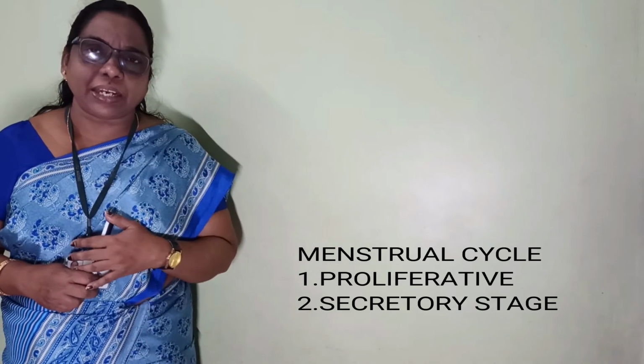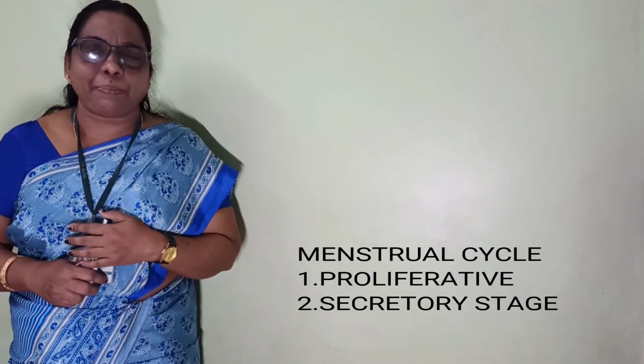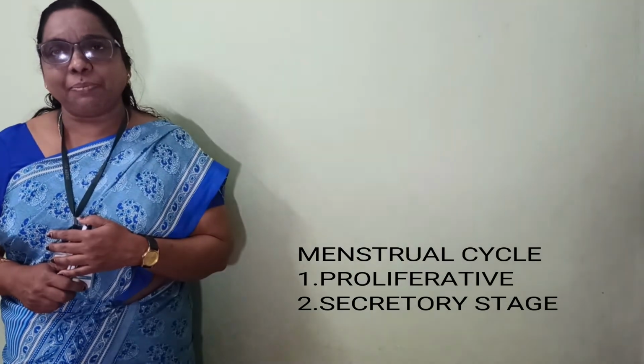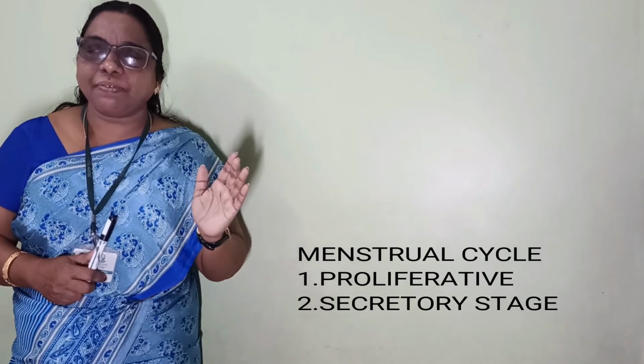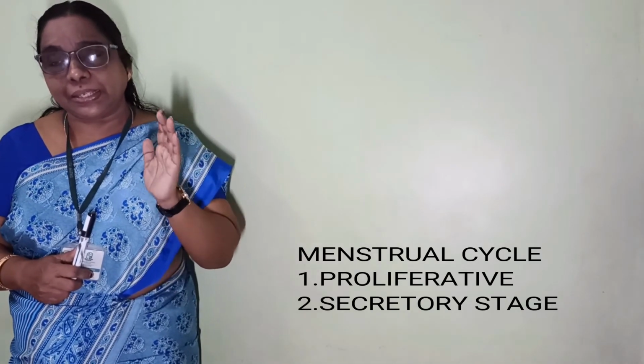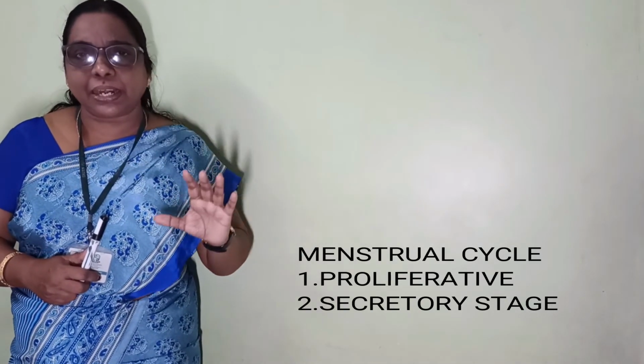The cells present in the fallopian tubes, in the walls of the uterus, and in the other regions increase in number, and get ready to bear the embryo and for the implantation process. That means readiness for pregnancy happens in this stage.